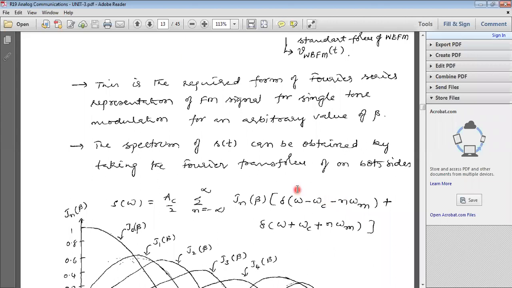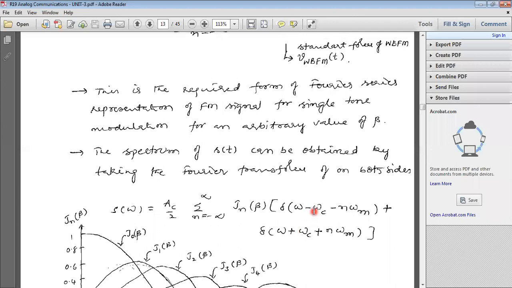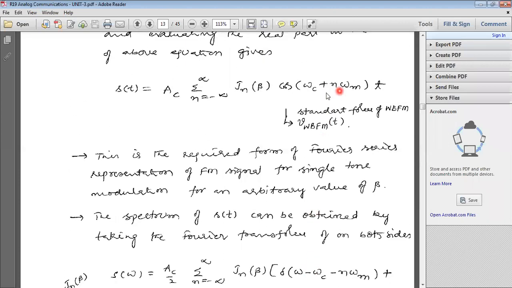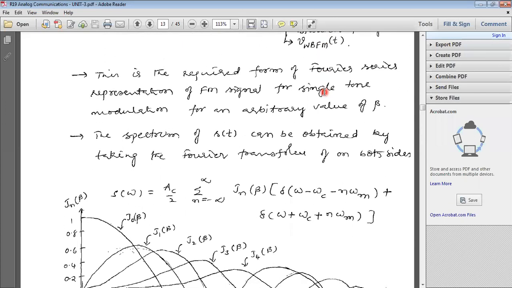Whenever we take the Fourier transform according to the frequency shifting theorem, it shifts into two terms, omega plus and omega minus, where the original frequency is omega c plus n omega m.